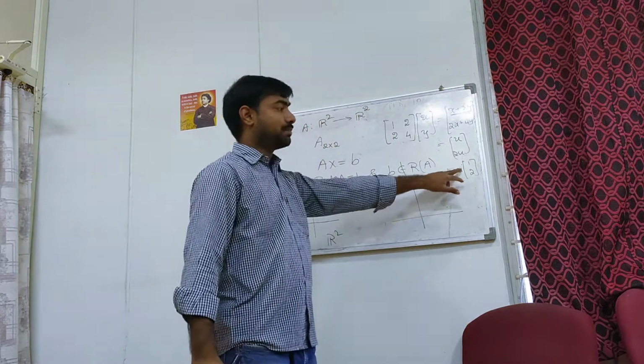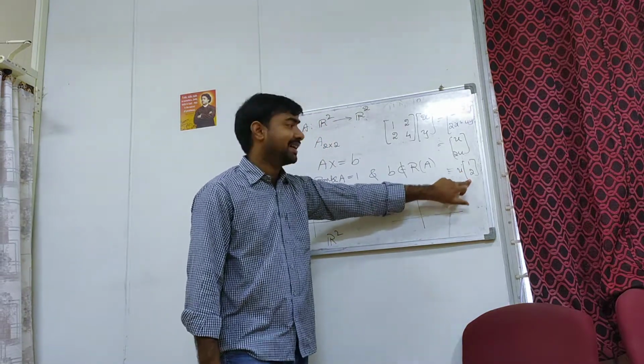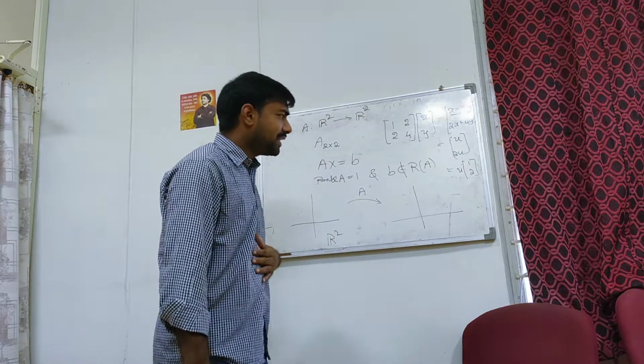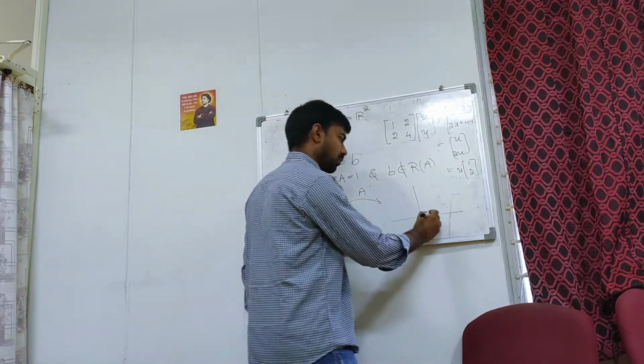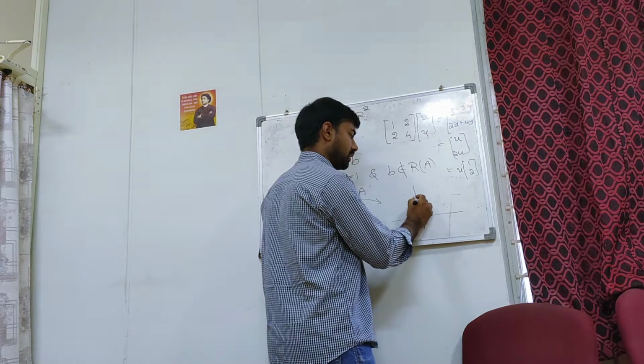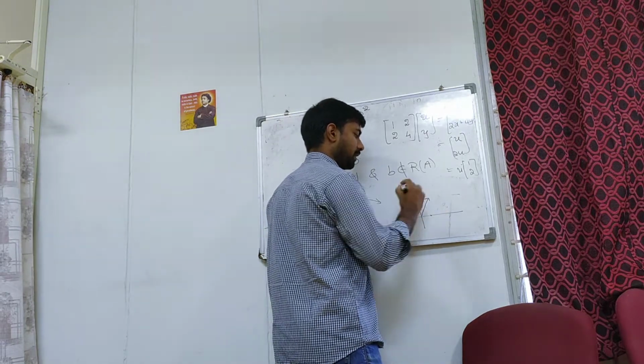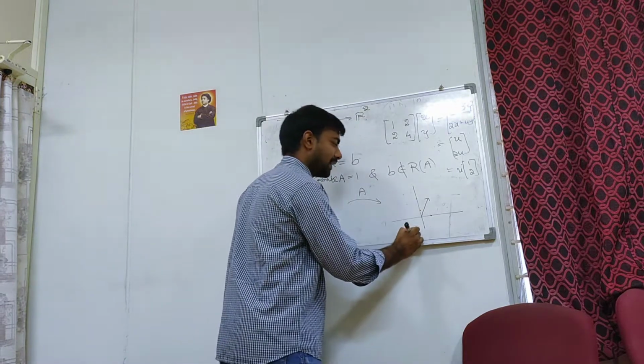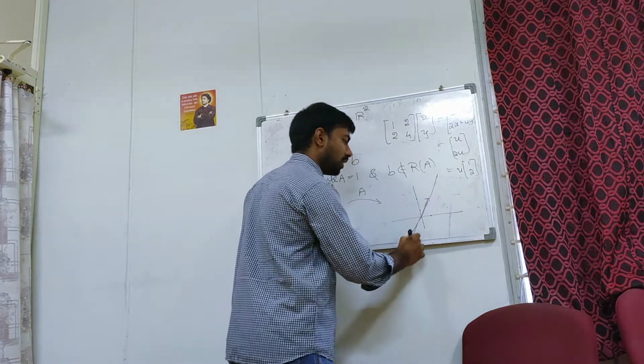So this space is generated by the element (1, 2). Where is the vector (1, 2)? Somewhere here. The image of the entire R2 is nothing but a line passing through the origin.